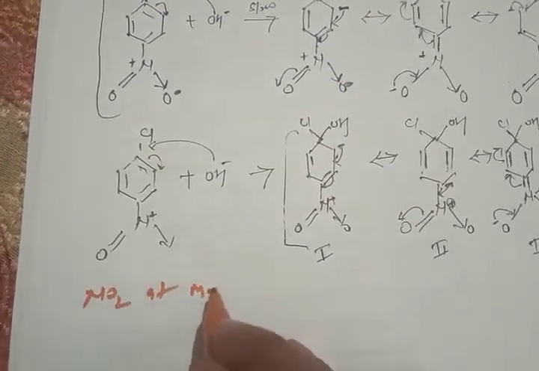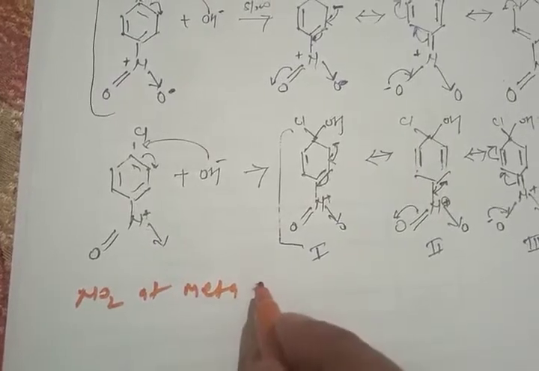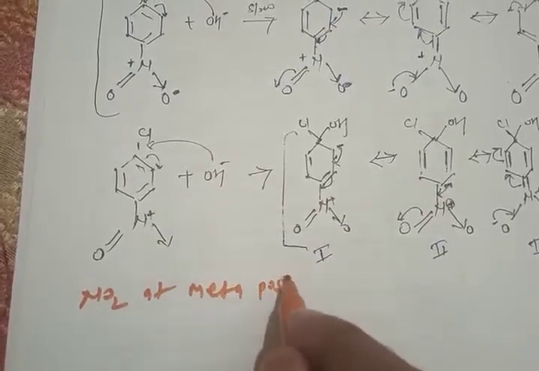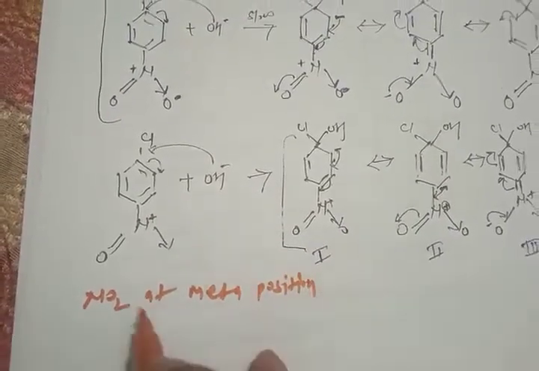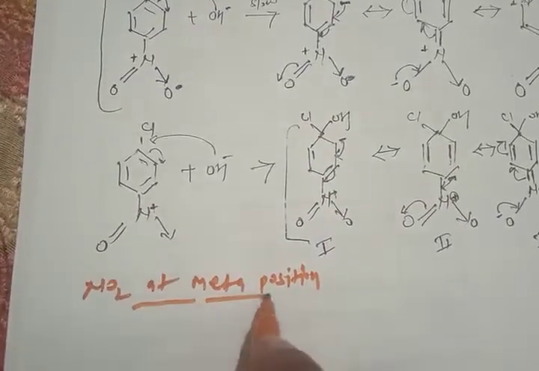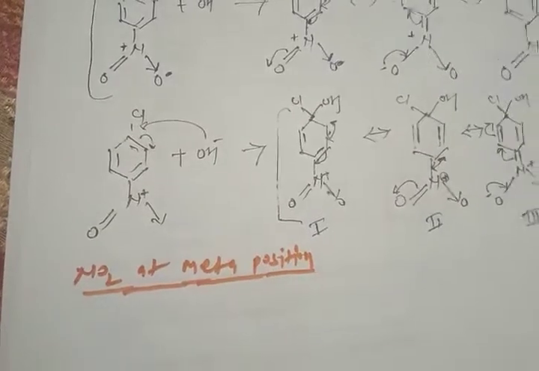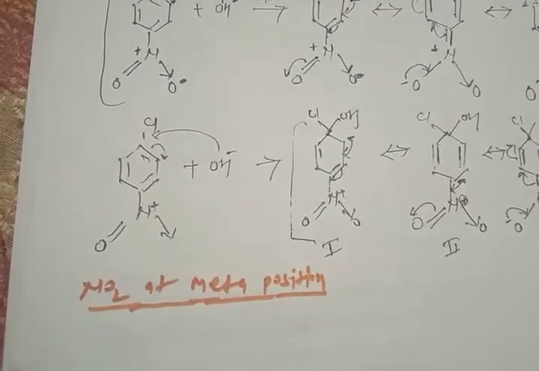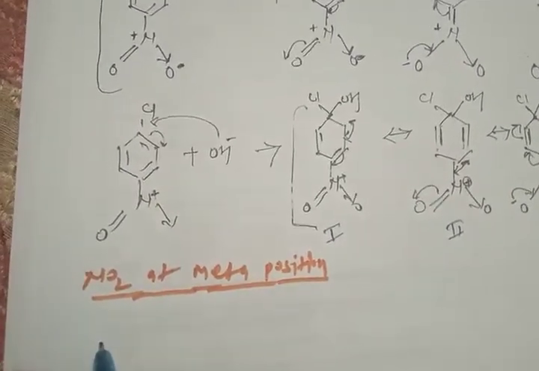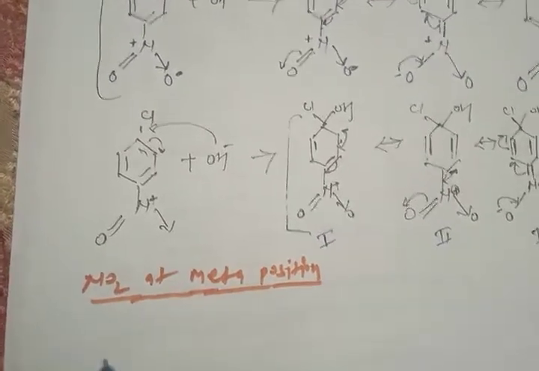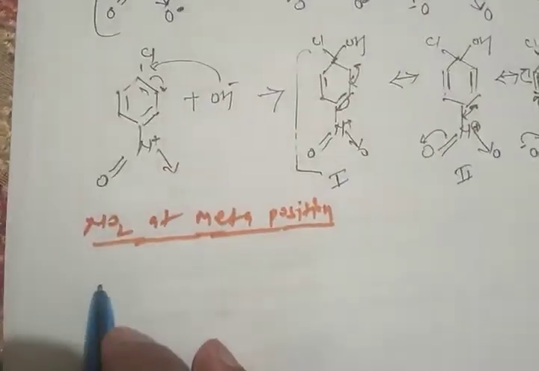So if NO2 is at meta position, then what will happen? If the number of resonating structures is equal to 4, then there is no need to discuss this rule. And if it is 3, then why is it 3 only? Okay, so let's talk about the meta position.